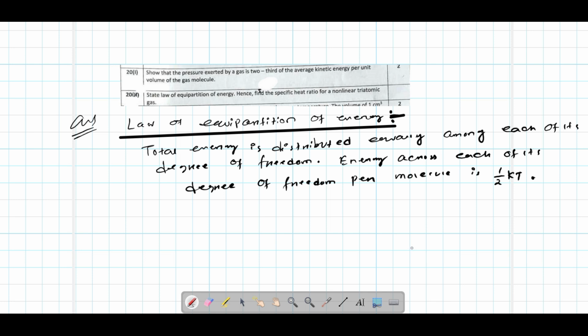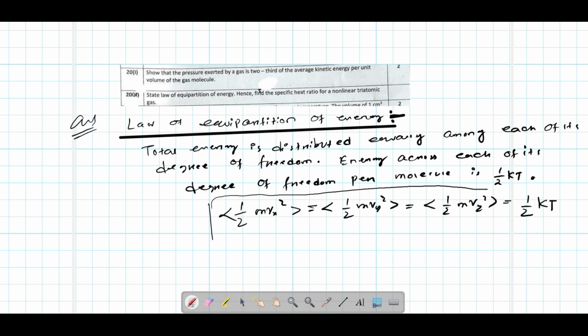Total energy is distributed equally among each of its degrees of freedom, and energy across each degree of freedom per molecule is half kT. Half mvx square equals half mvy square equals half mvz square equals half kT. So that is the law of equipartition of energy.